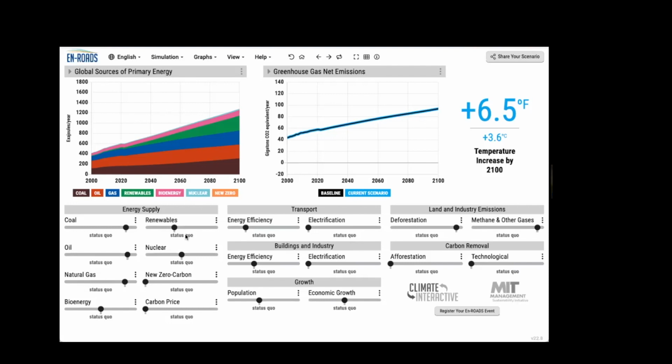And the way you use the model is that, after this, you can go and type in En-ROADS Climate Interactive and play with it yourself. But what you do is you move some of these sliders and you see what the effect is.